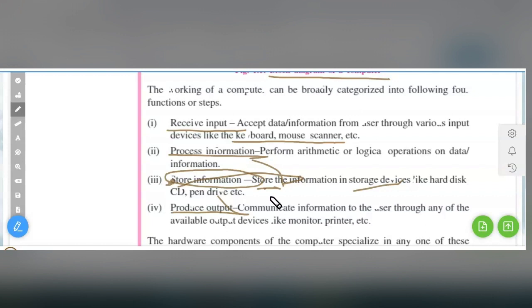To process information, as I just told you, the CPU uses the CU and ALU. To produce the output you have devices like monitor, printer and so on. To store the information you have hard disk, CD, pen drives and all those things.